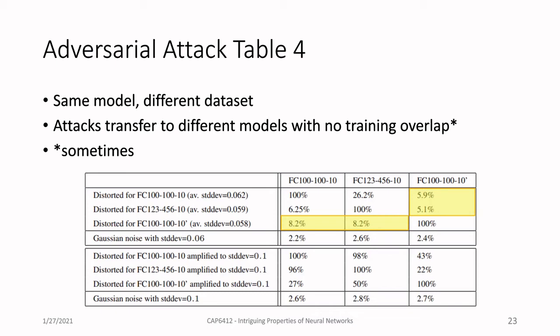Can you repeat what's the conclusion from that first block of these three rows? Yeah, the conclusion here is that the adversarial samples do transfer to different models when there is no training overlap, but not to that great extent. It's just 5 to 8%.